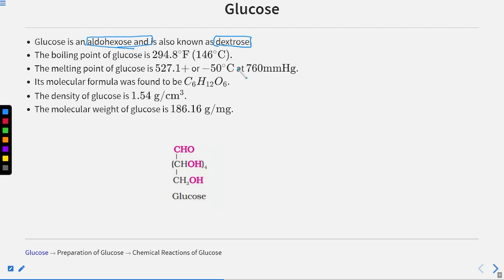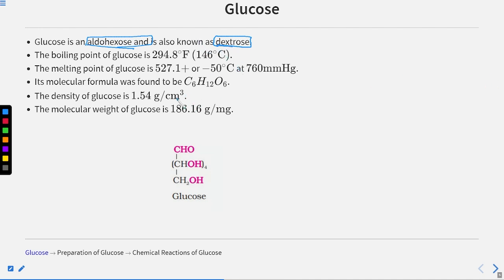If you look along the direction of the light from the source side and the light is bending left, it is levorotatory, and if it is bending right, it is called dextrorotatory. In that sense, glucose is dextrose.